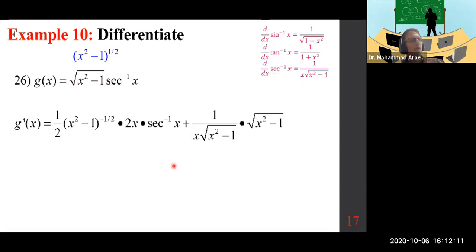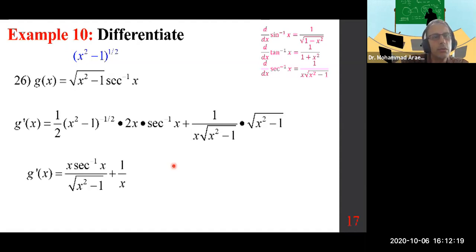Now we're done. We have to do the calculus part, which is very simple. I hope you see the answer. Okay. 2 cancels out the 2. Negative 1/2 goes down, becomes positive 1/2, which is the same as square root. X is at top, secant inverse is at top. Okay, class?